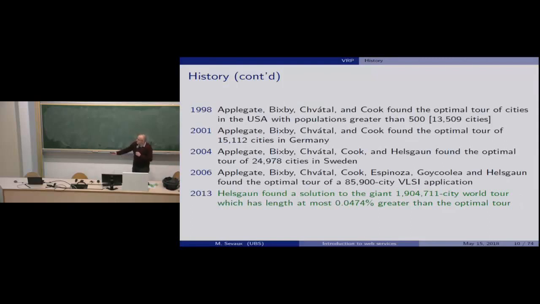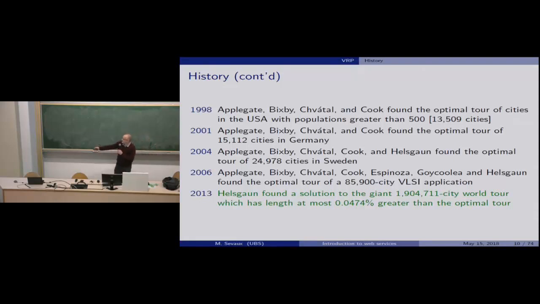The most impressive is this one, 2006, with the resolution of an 85,900-city TSP to optimality. And this is the biggest record today. In 2013, there is a new record, but this is not the optimal solution.